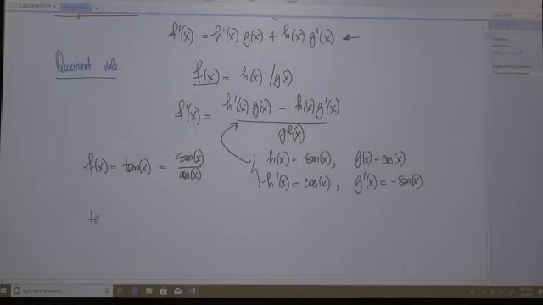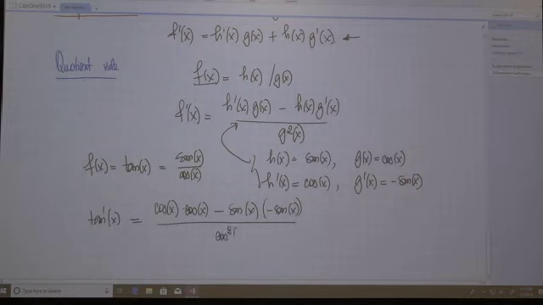So the derivative of the tangent of x is equal to h prime. What is h prime? Cosine of x, multiplied by g of x, cosine of x, minus h of x, sine of x, multiplied by g prime of x, which is minus sine of x. I'm putting everything into this formula, divided by g of x squared, cosine square of x.